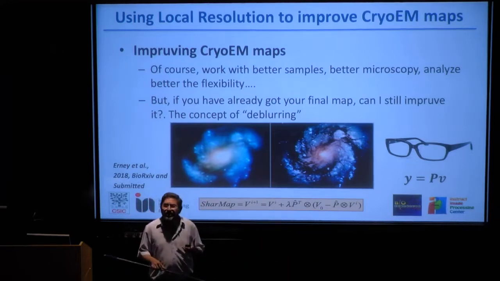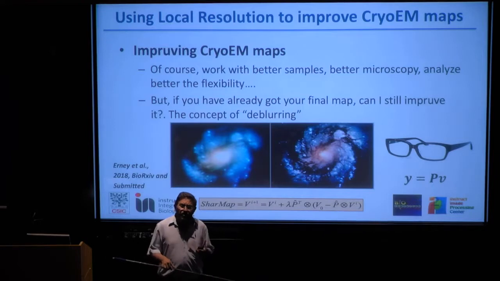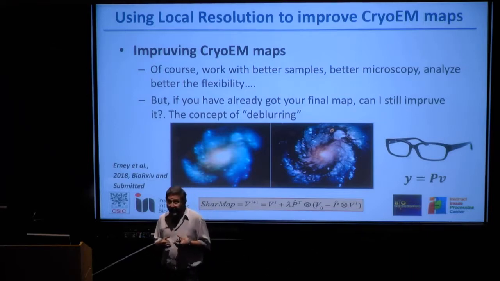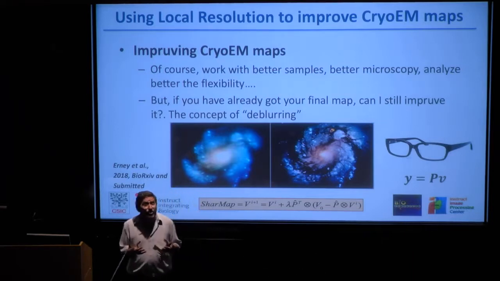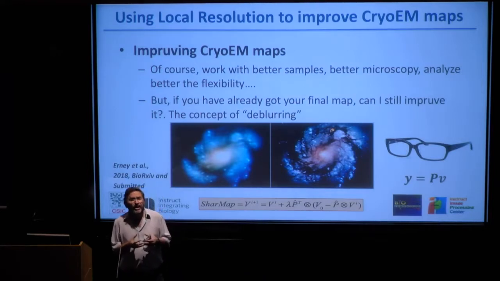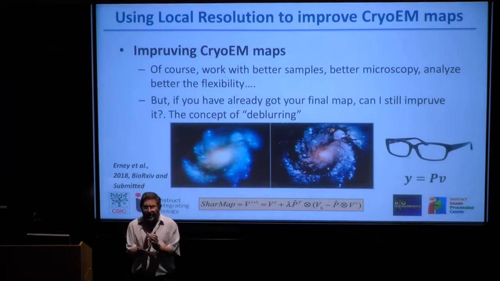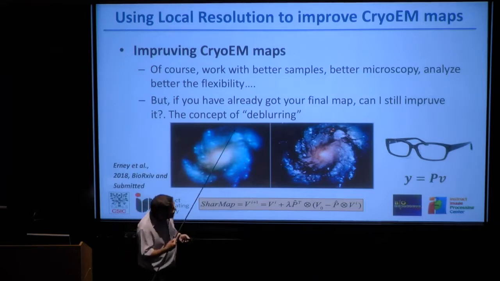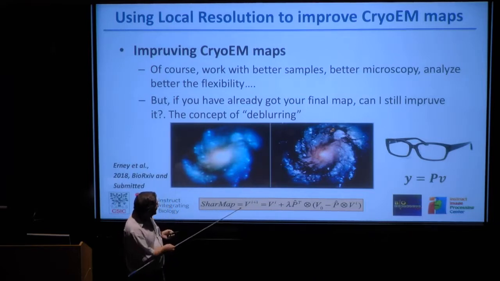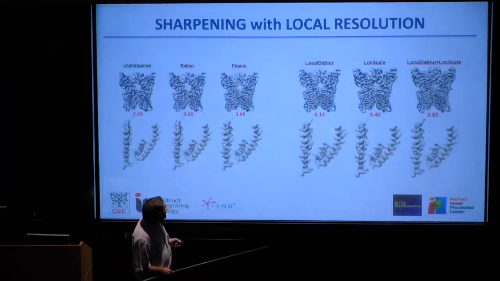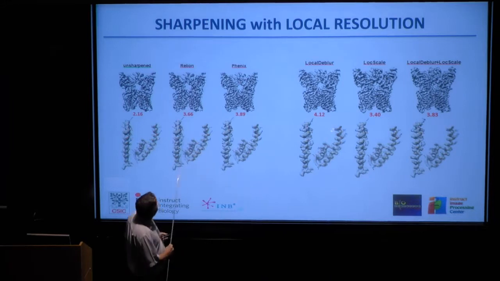We consider that the local resolution was our blur, and if we had a worse local resolution, we had a larger isotropic blur. If we had a better local resolution, we have a sharper blur. And then with that local resolution blurring approach, we went into an iterative approach, nothing special, and we applied it to a number of maps.